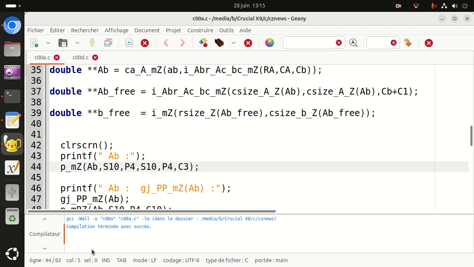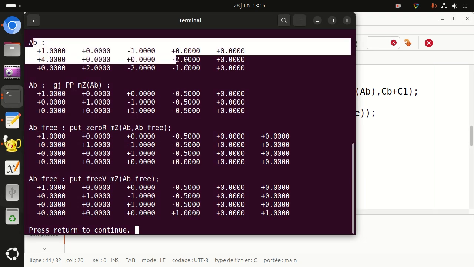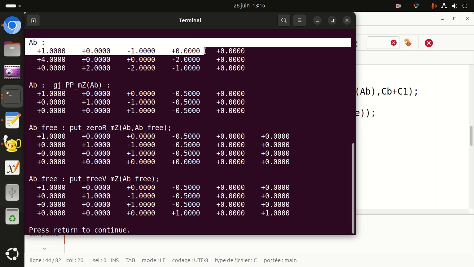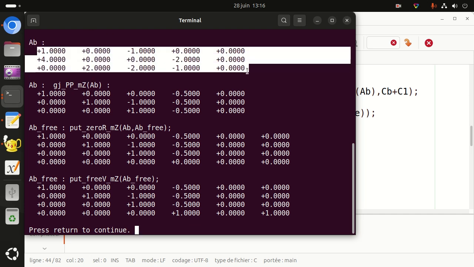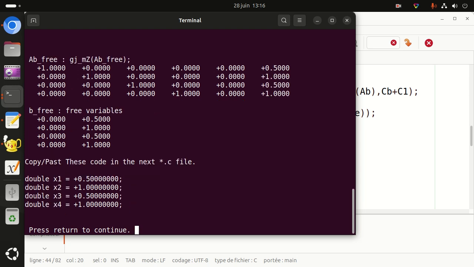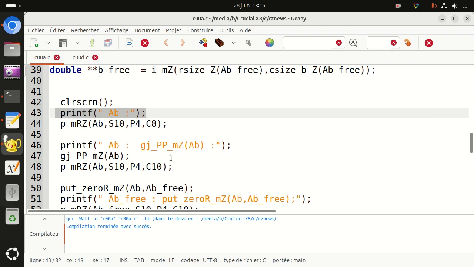If I use this function with R and I erase this command, now I print A with only the real value. So this is the first.